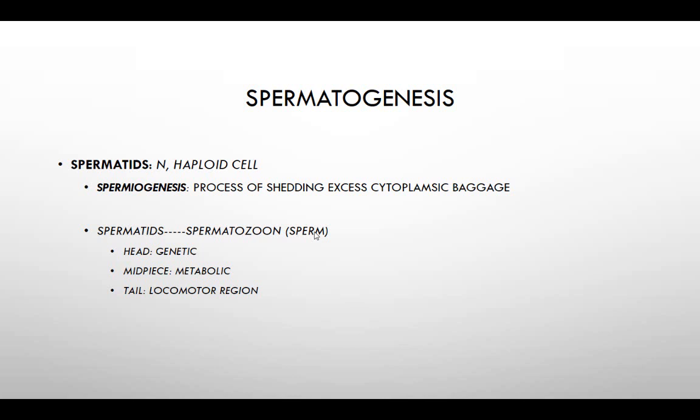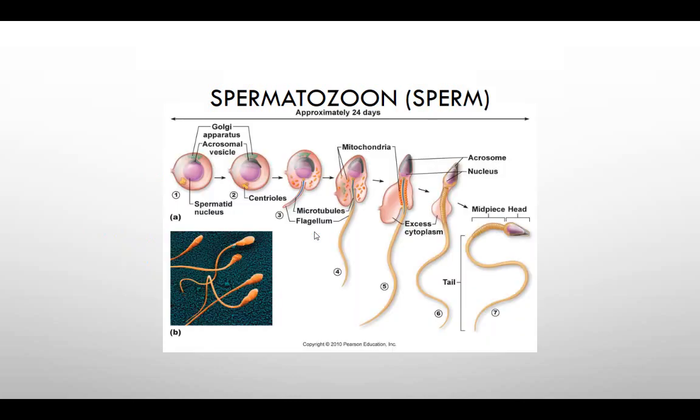The mid piece is the metabolic part, which has the mitochondria, and then the tail is the locomotion part, which helps make it swim, if you will. So if we look at this sperm, this is the one that we want to look at, and you can see this process of maturing through spermiogenesis here, going from this immature spermatid to this functional sperm.